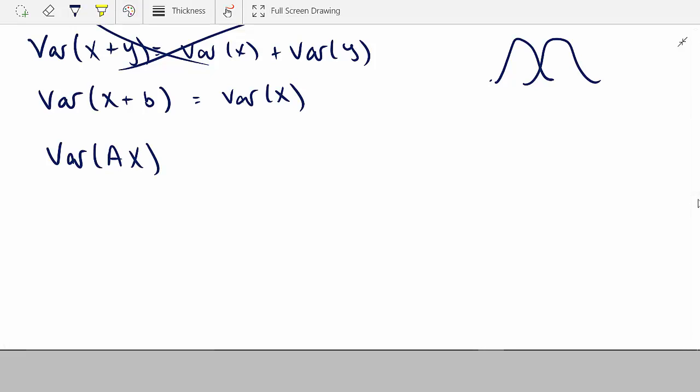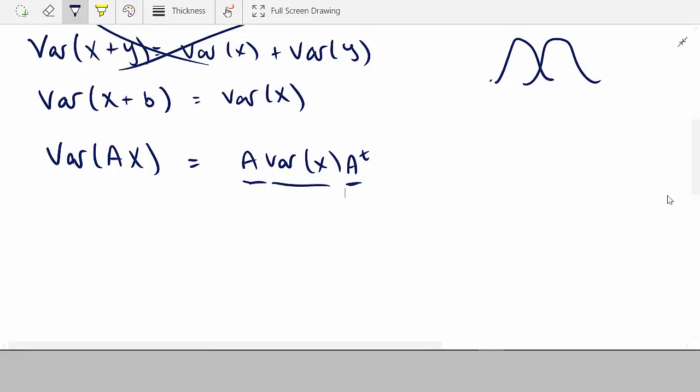If we have a matrix that we'd like to pull out of a variance, that is equal to a times the variance of x times a transpose. So when we pull a matrix out of a variance, it sandwiches the variance: a is the bread, and the variance of x is the meat. It has to go in both directions, with a and a transpose.